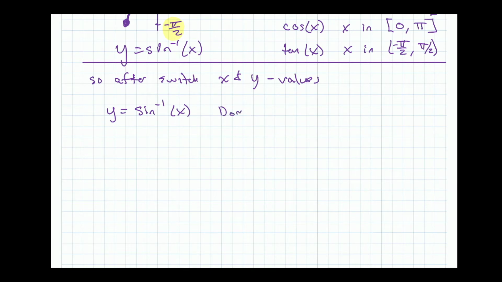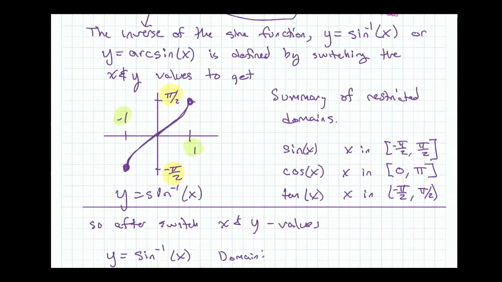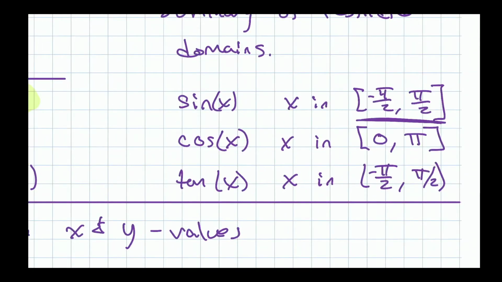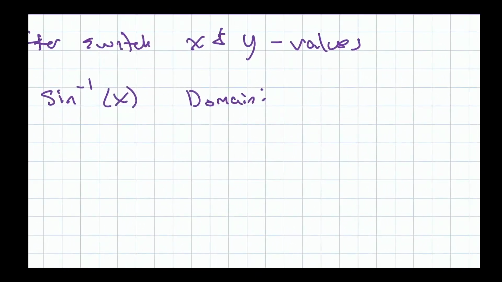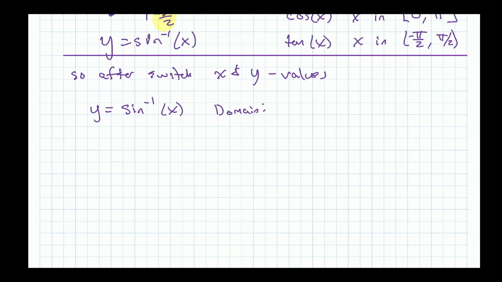The domain, now this is the domain of sine inverse. So like up here I said we restrict the domain of sine to negative pi over 2 to positive pi over 2. But that's the domain of the sine. This is the domain of the inverse sine. So the domain of the inverse sine is actually negative 1 to 1, and the range of the inverse sine is negative pi over 2 to positive pi over 2.